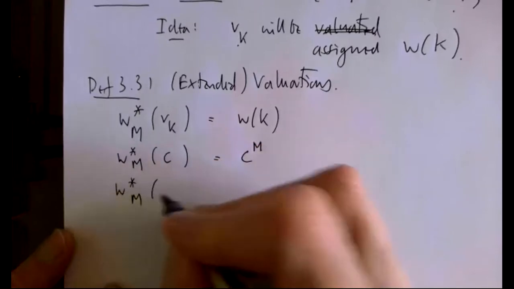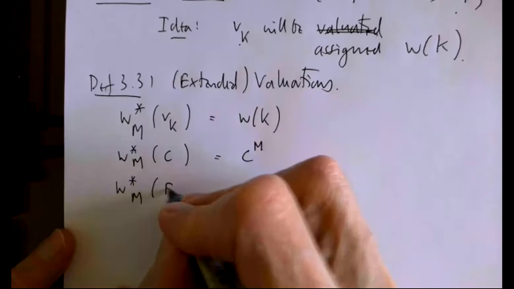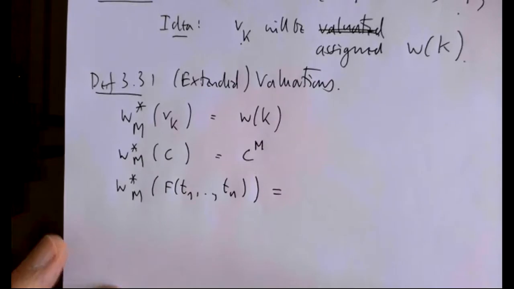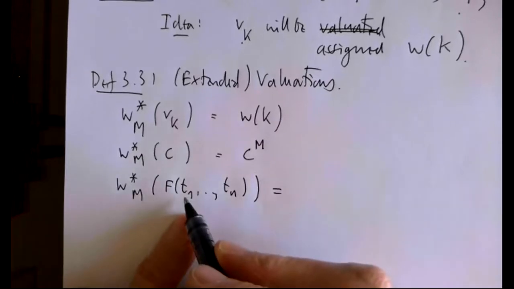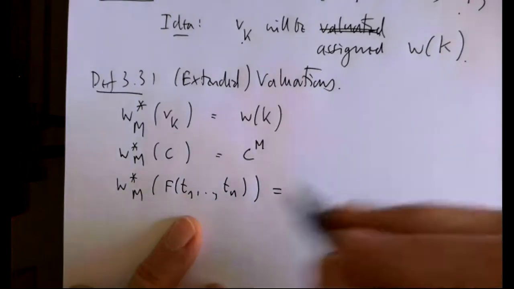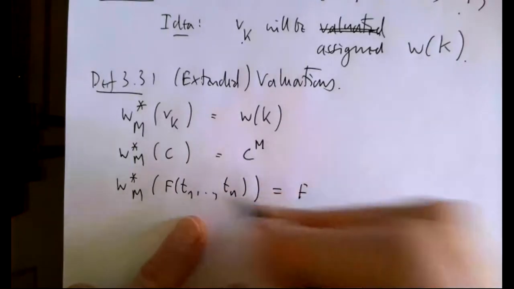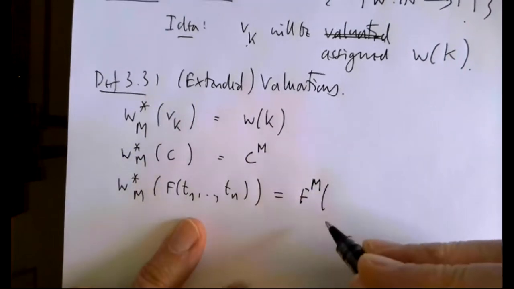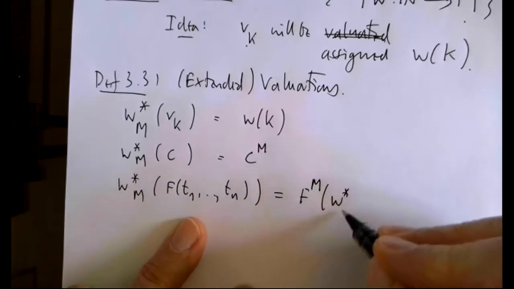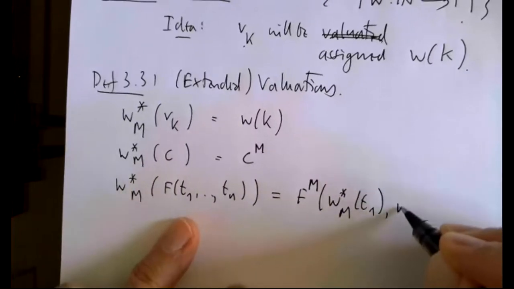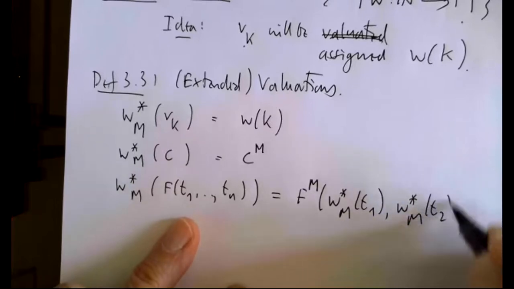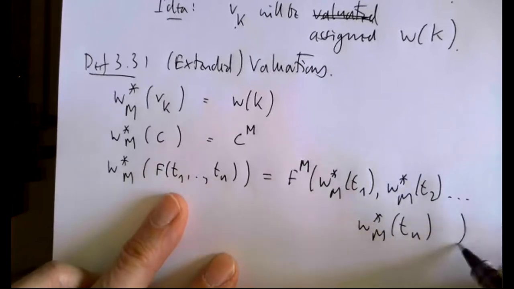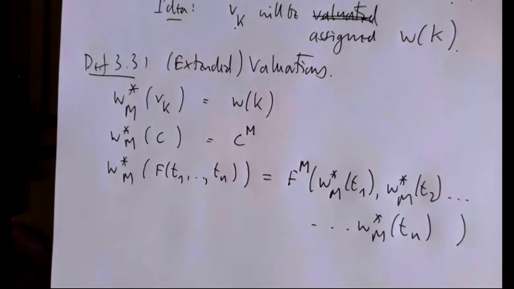And now I need to know what it does to other terms. So we first inductively assume we know what we've got on the terms, the t's. We apply the function f here to the interpretation of the terms, up to Tn here.